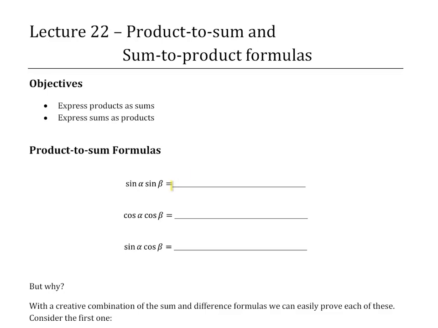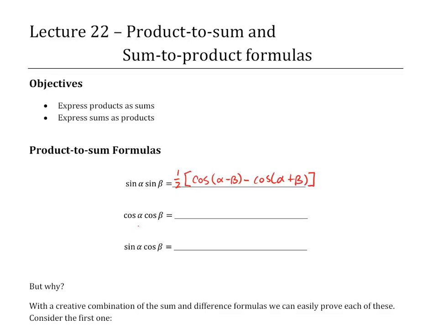The sine of an angle times the sine of a different angle can always be written as the difference of two cosines. It's going to be 1/2 times cosine of alpha minus beta minus cosine of alpha plus beta.